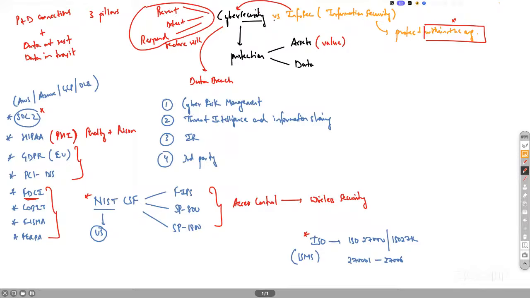Similarly with HIPAA or any of the other standards. There is not a one-stop shop where you can access everything, but each of these individual frameworks has its own individual organization which is maintaining it.